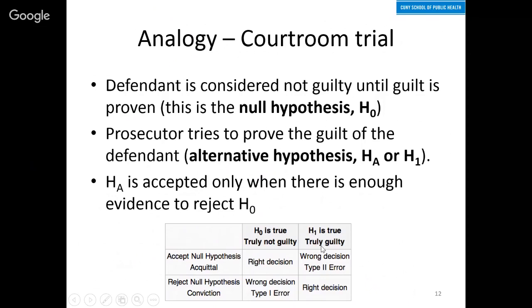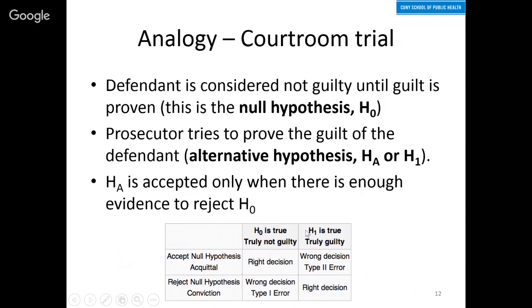Only one or the other can be true, but one of them has to be true. Either H0 is true or H1 is true. So thinking back to that probability stuff, these are mutually exclusive and they are exhaustive. So they can't both be true, but one of the two has to be true.